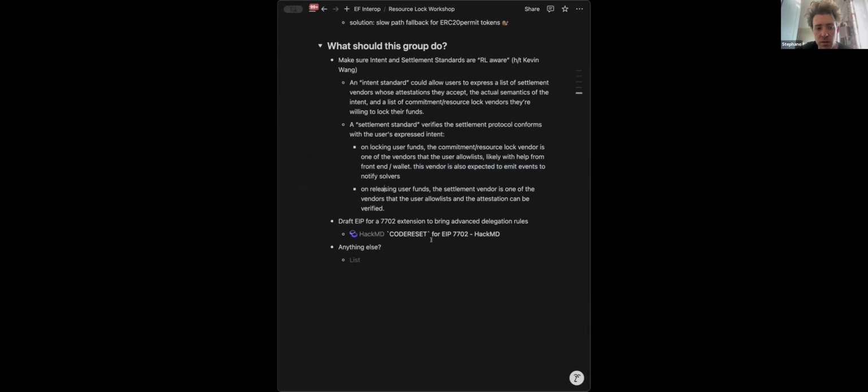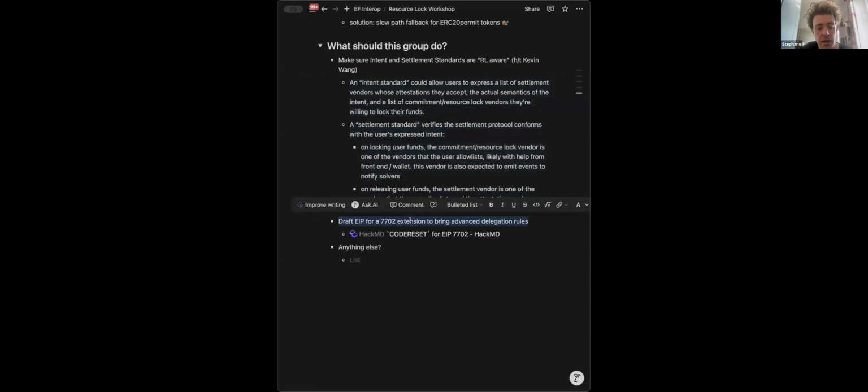Then on releasing user funds, the settlement vendor is one of the vendors that the user allows, and the attestations can be verified. I think this provides a very good high-level objective statement for what these standards can do, and avoids overlap from trying to put too much inside of an intent standard or too much inside of a settlement standard, as well as providing the context of where resource locks fit into the picture.